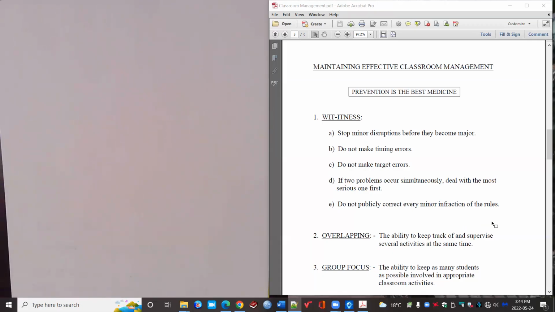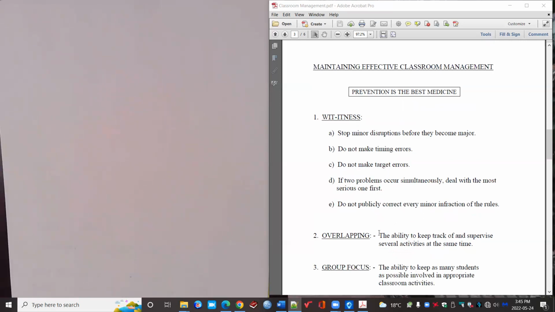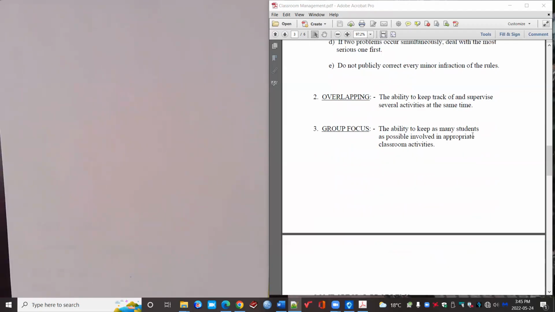Group focus is the ability to keep as many students as possible involved in appropriate classroom activities, avoiding a focus on just one or two students. That is important. So with-itness, overlapping, group focus: these are important points for maintaining effective classroom management.